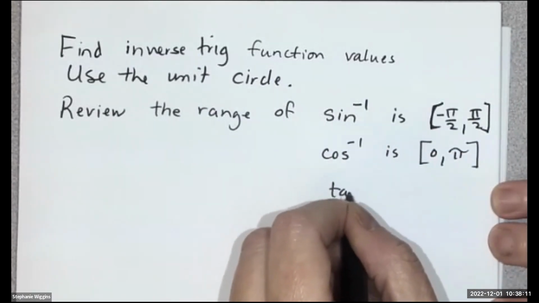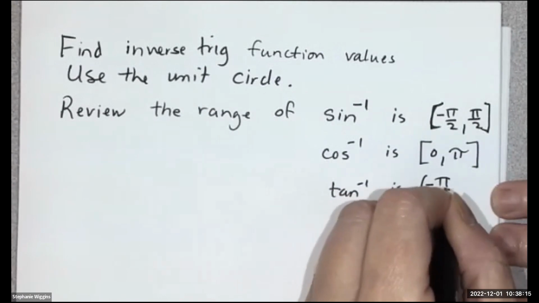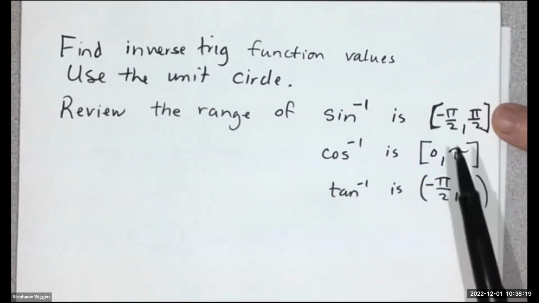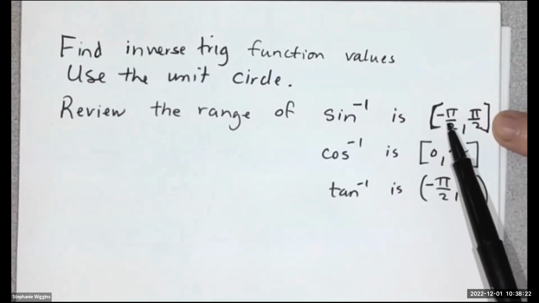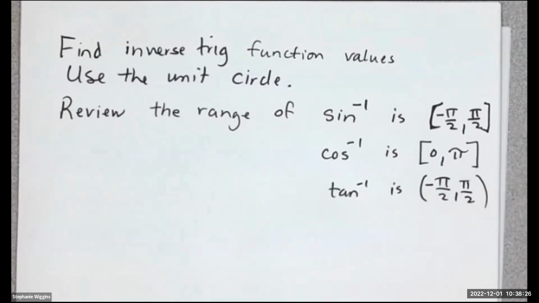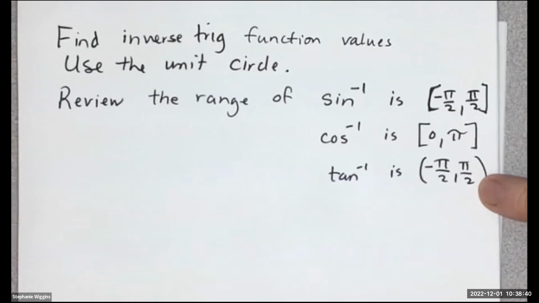And the range of tangent inverse is minus pi over 2 to pi over 2. For sine, we can include the negative pi over 2 and the pi over 2, but for tangent, it's undefined at those points, so you don't include it. But these are the ranges. Remember, the domain of your trig functions is the range of your inverse functions. So your outputs on the calculator are going to be here.